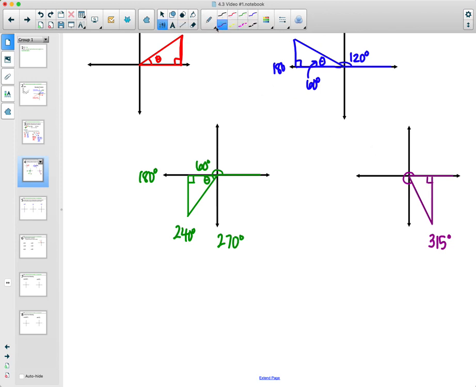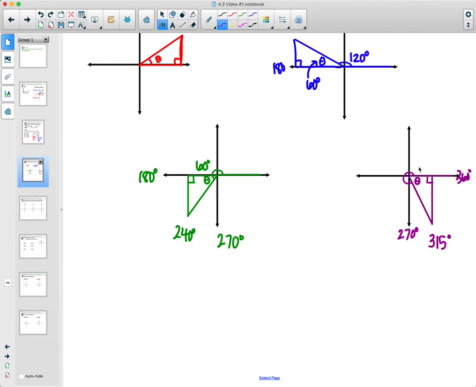Then your reference angle, again, is right here. You have a couple ways you could figure this one out. This one is 270, so you could go, how far is it from 270 to 315? Also this one you know is 360, so you could say what's the difference between 360 and 315? Either way you can figure those out in each quadrant.